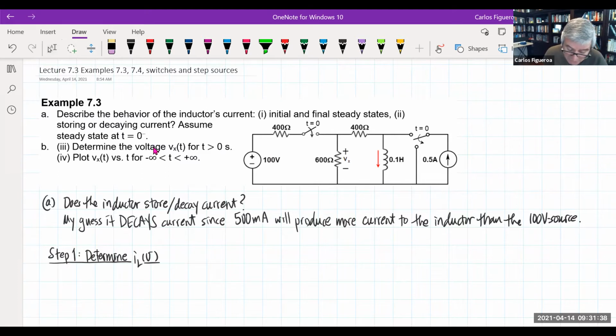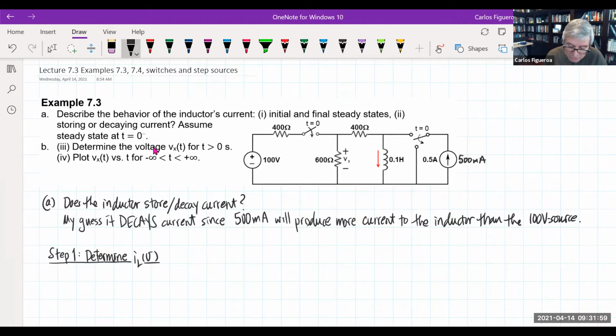So we asked the question, does the inductor store or decay current? My guess was that it decays current, because when I look at this current source over here, this is going to produce 500 milliamps. When this gets shorted out, I now have the 100-volt source.